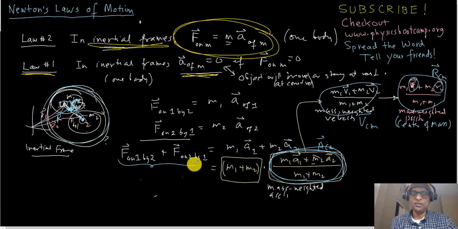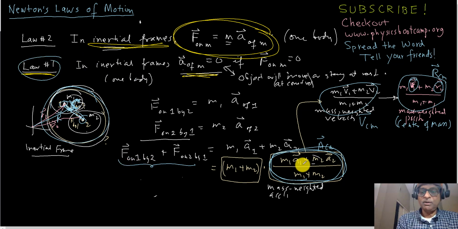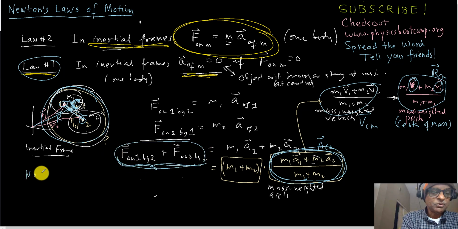If acceleration is zero, the force has to be zero, just from the first law itself, right? So if there are no external forces, what does it mean? It will mean there are no other objects around.